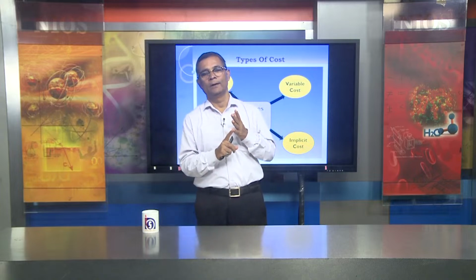You see, we have 4 factors of production: land, labor, capital and entrepreneur. Under this, we also use the secondary factors of production. What are these? Other materials which are being utilized during the production process.